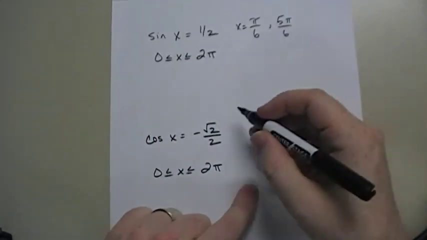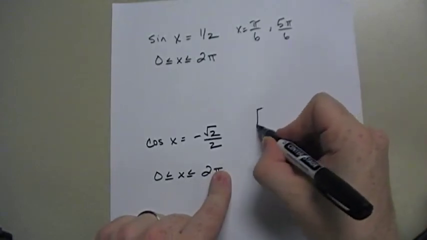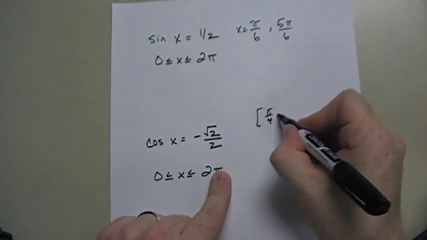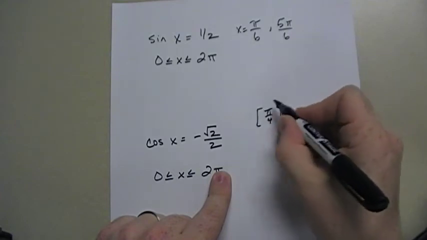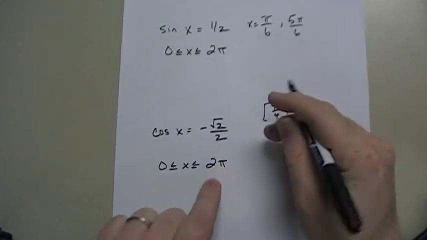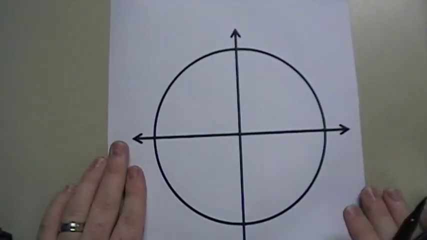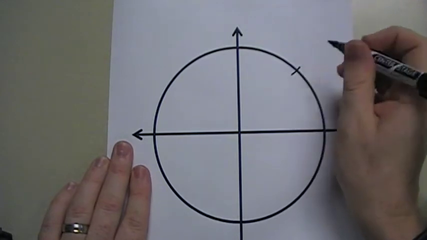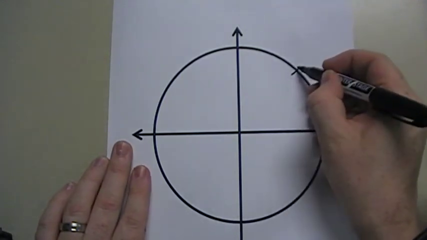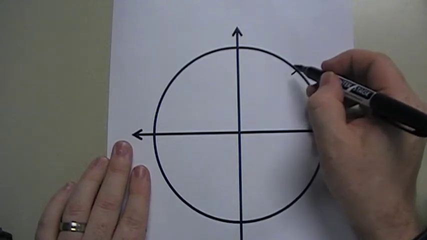Now, I'm just going to write right here, kind of bracket. I'm going to write pi over 4 because I know it's got to be some multiple of that. However, in the unit circle, remember that pi over 4 is right up here. Well, the x and y coordinates are positive there. So cosine wouldn't be negative square root of 2 over 2, it would be positive.